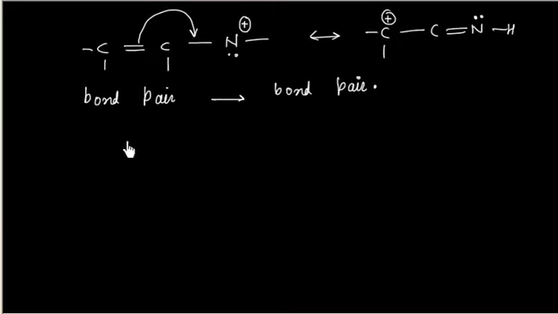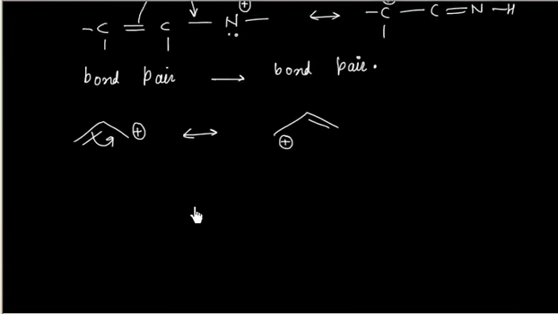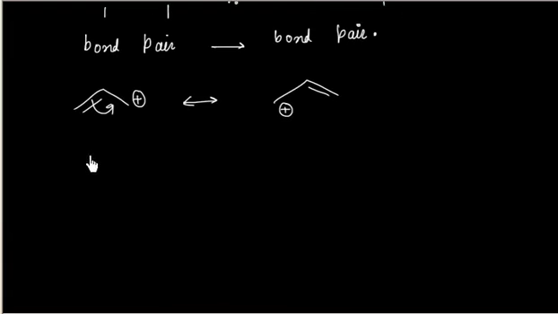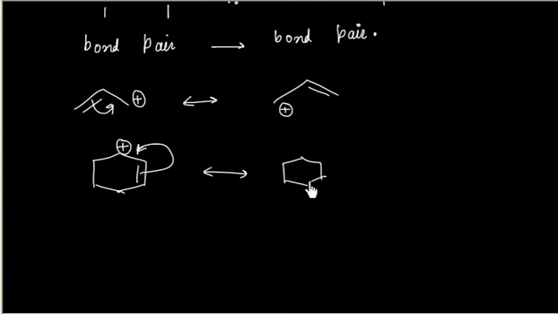For example, let us say if I have this compound, I can flow this arrow here, and I will have this resonating structure. If I have this compound, I can flow this arrow here, and I will have this resonating structure.